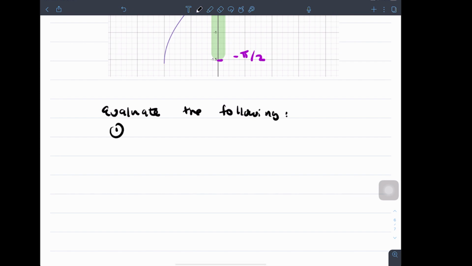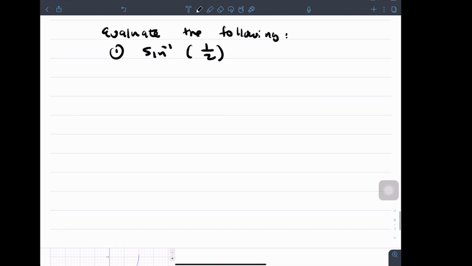Question 1. Inverse sine of 1/2. Okay? Now, this is all without a calculator.